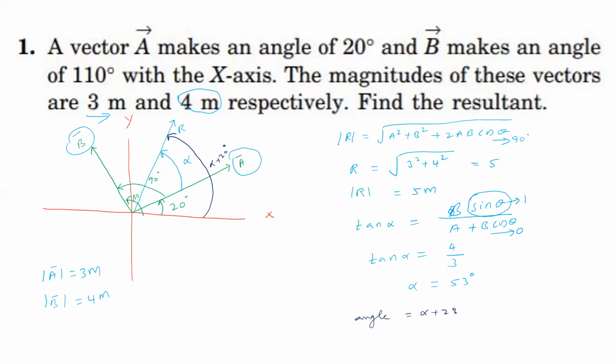So alpha is 53 degrees, and 53 plus 20 is equal to 73 degrees. So the resultant vector is equal to 5 meter and makes an angle of 73 degrees with the x-axis. So for this question, the answer is resultant vector magnitude 5 meter, making angle 73 degrees with the x-axis.